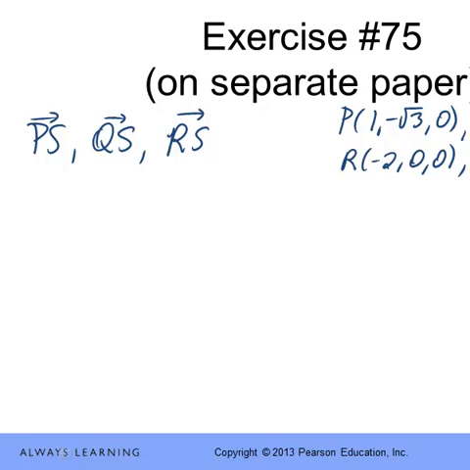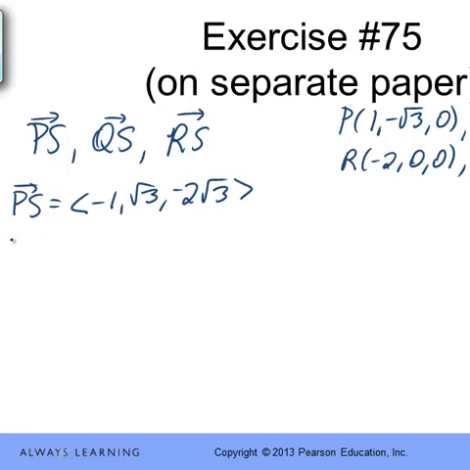Okay, so let's see if we agree on our vectors. Now vector PS is negative 1, square root of 3, negative 2 root 3.